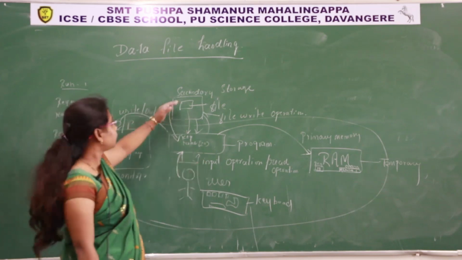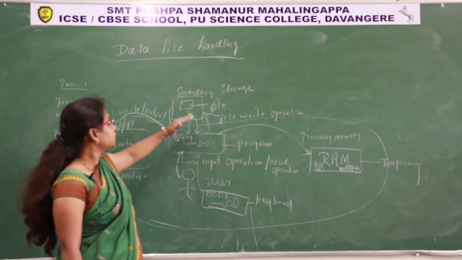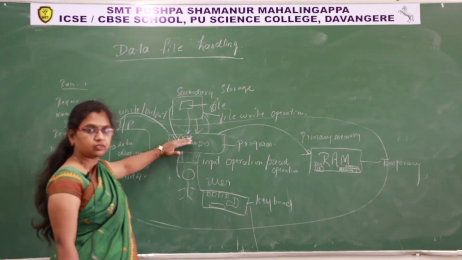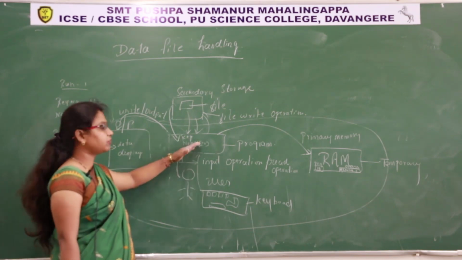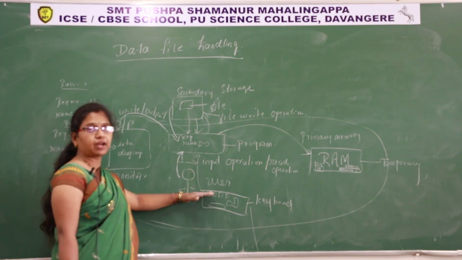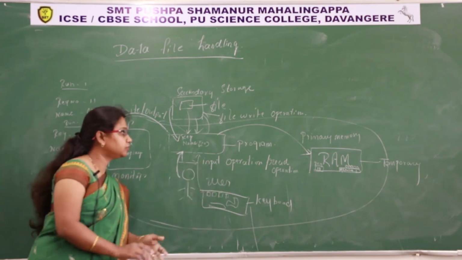Okay, this is file input operation. If data is coming from the file to the program, it is called file read operation or file input operation. If data is coming to the program through the standard input device, we call it standard input operation. Okay.